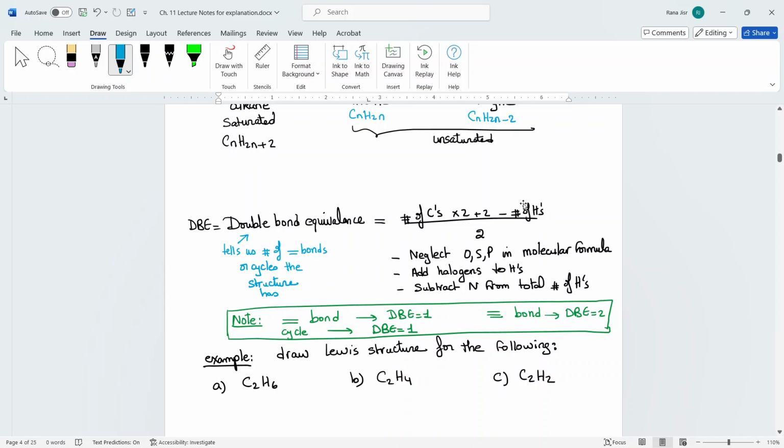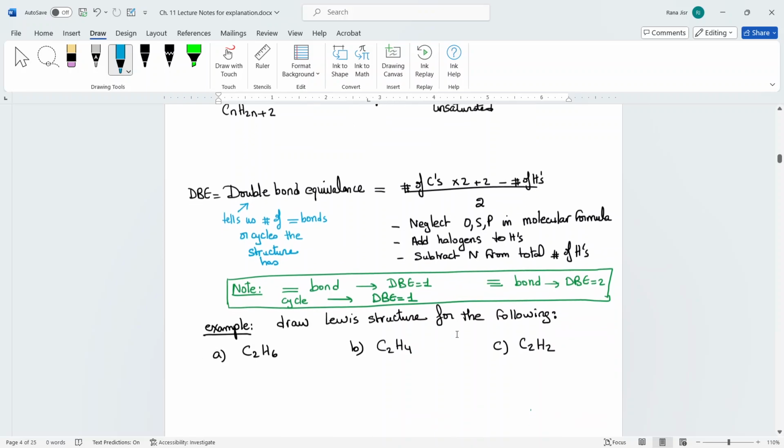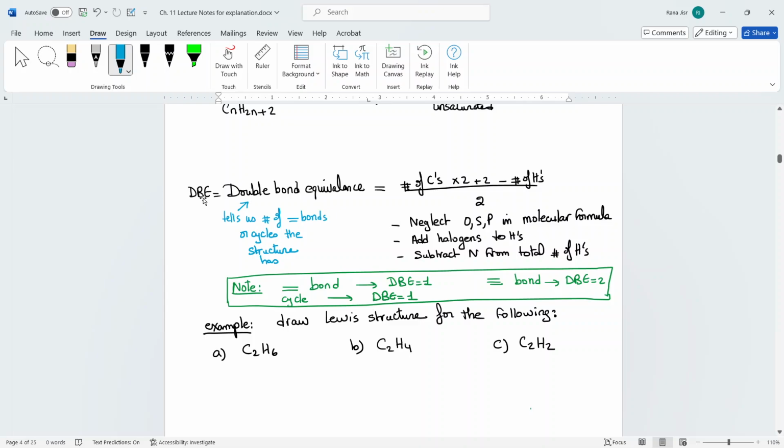The number of nitrogens, if there's any nitrogen in your formula, you subtract it from the total number of hydrogens. The value of the DBE is always an integer, so it cannot be a decimal. And it can range from 0 upward: 0, 1, 2, and 3.